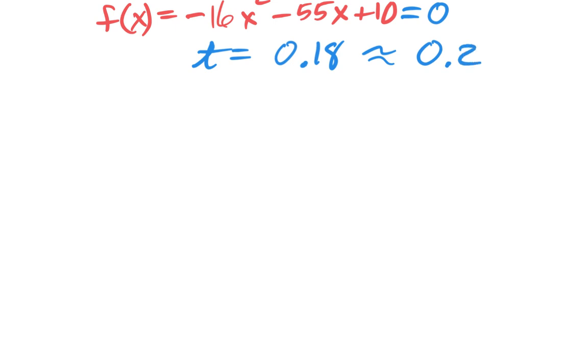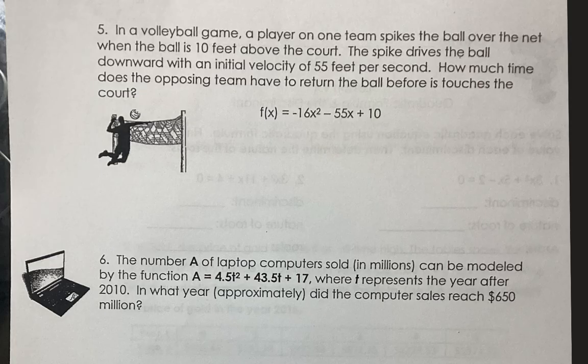So spiking the ball at 55 feet per second, a distance of 10 feet, you're looking at actually less than a second, so about 0.2 seconds. All right, so it may be somewhere around the 0.18 value, but like I said, put that into the calculator, Desmos or your TI calculator, just graph it and look for your x-intercepts. Okay, hopefully that makes sense. So let's go back to last few problems.